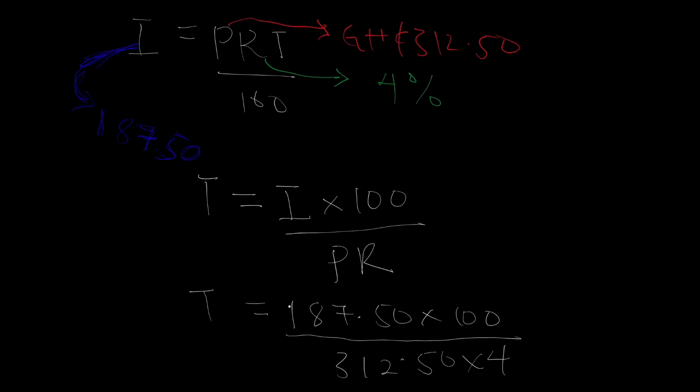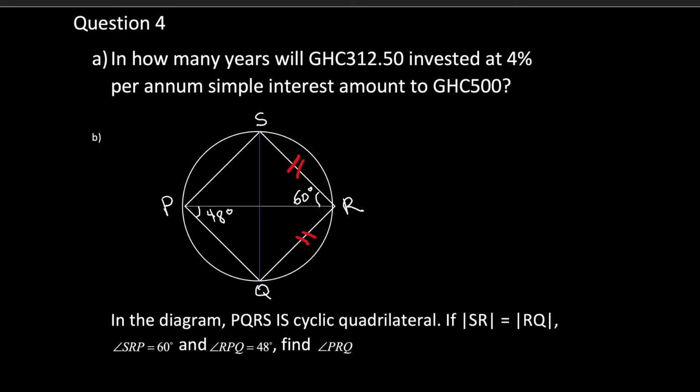When you punch this on the calculator, 187.50 times 100 divided by 312.50 times 4 should give us 15. Our time should be equal to 15 years. So what this means is that after 15 years, our principal amount, which was this, would be this.